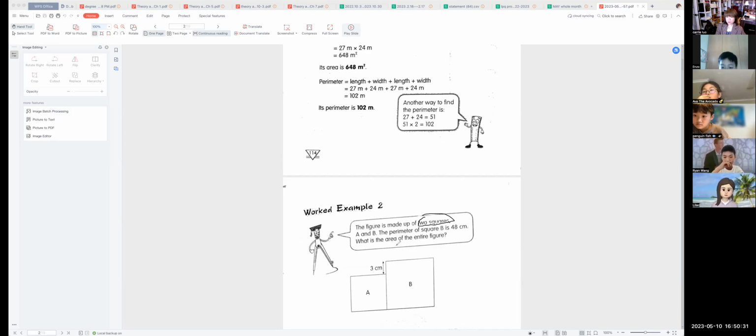What is the area of the entire figure? 我们来看看，好像不够，对不对？我觉得小朋友一定能做出来。The perimeter of square B is 48. Then each side of the square B is what? Can we do that? Okay, I'm not going to tell you the answer directly, okay?